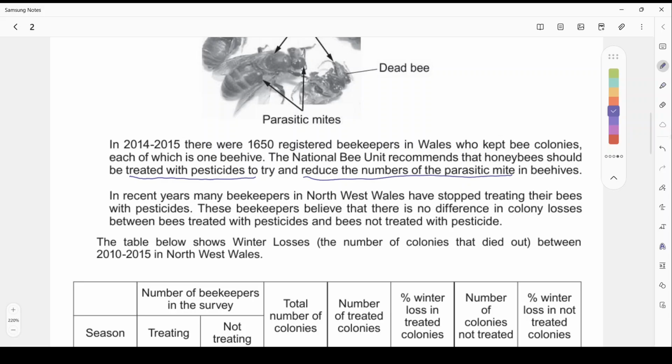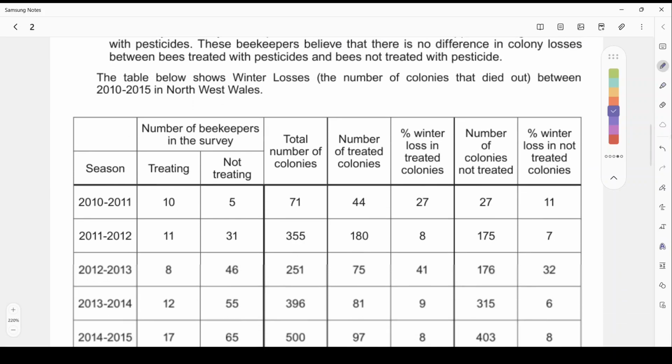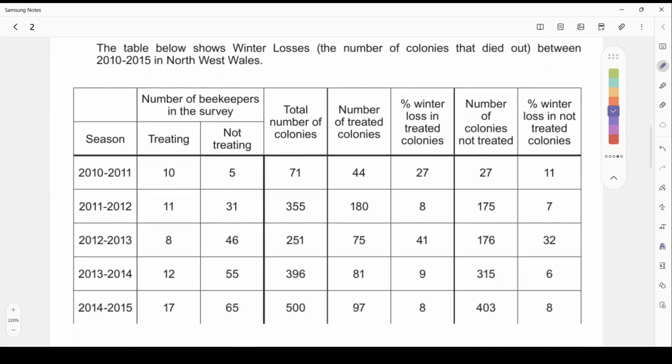In recent years, many beekeepers in northwest Wales have stopped treating their bees with pesticide. These beekeepers believe that there is no difference in colony losses between bees treated with pesticides and bees not treated with pesticide. So here we have a table. The table shows the winter losses and the number of colonies that die out between 2010 to 2015 in northwest Wales.